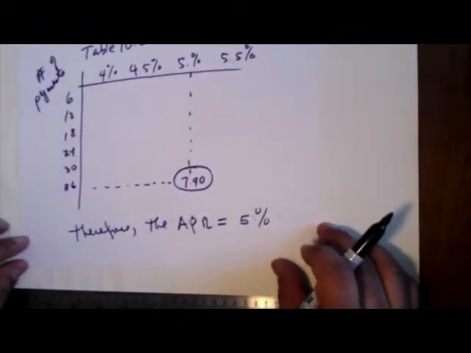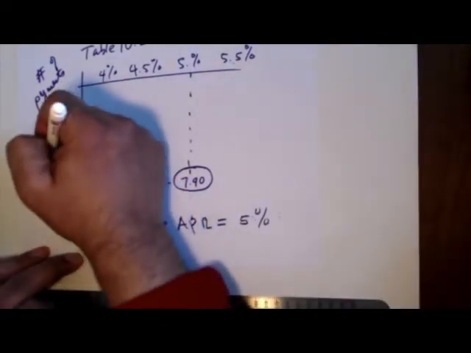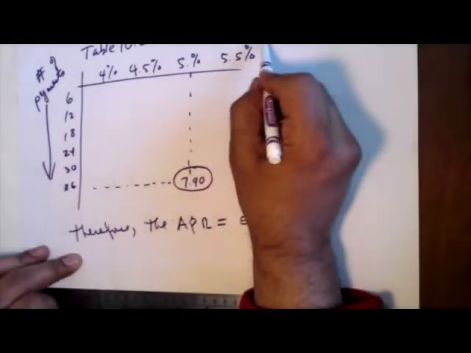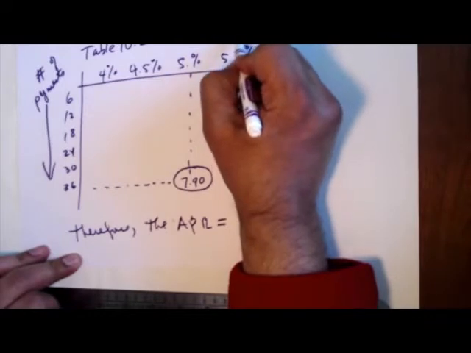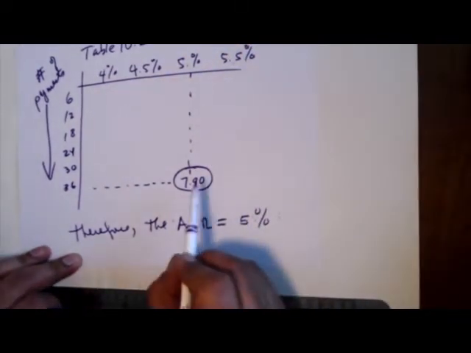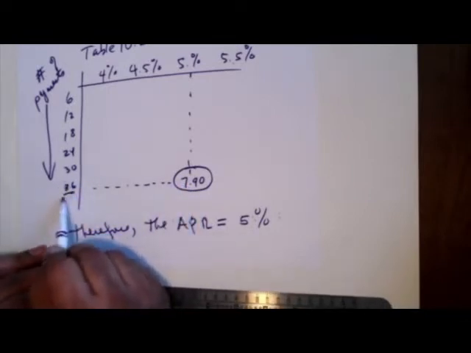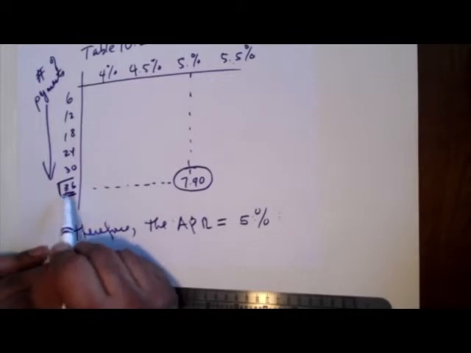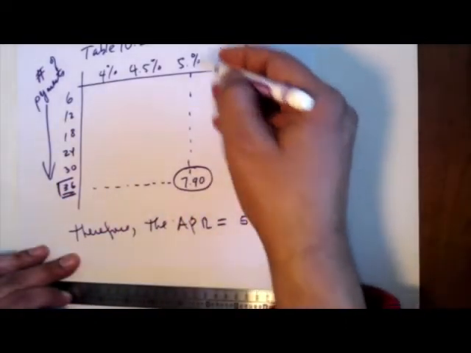So here we have our table. If you remember, over here you have the number of payments, and over here is the percentage, and the quantity is per $100. And so we locate 36, the number of months, and then we locate 7.9, we find it, and that corresponds to 5%.